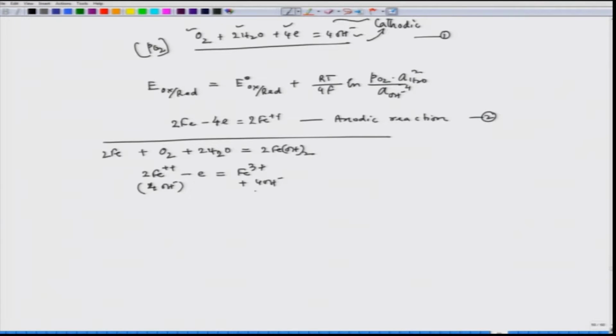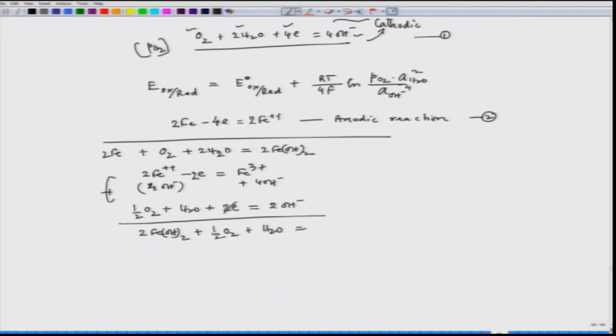Now, the same reduction reaction, if we multiply it by half, is half O2 plus H2O plus 2e equal to 2 OH minus. Now, if we add these two equations, then because this 2 will get cancelled, we get 2 Fe(OH)2 plus half O2 plus H2O equal to 2 Fe(OH)3.